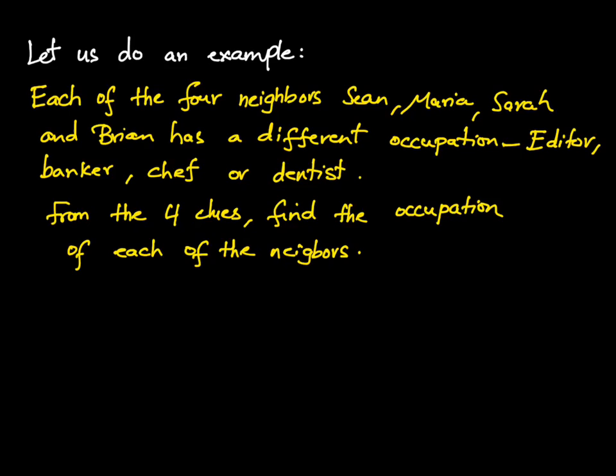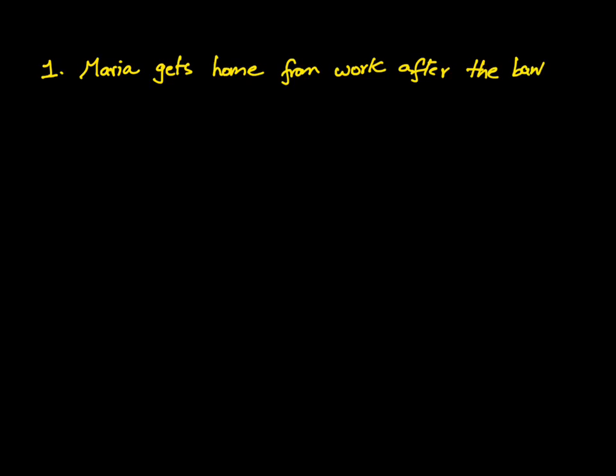So before I make a table, we're going to first of all write down what information is given to us. So the first information that's given to us is that Maria gets home from work after the banker, and she's going home after the banker and before the dentist.